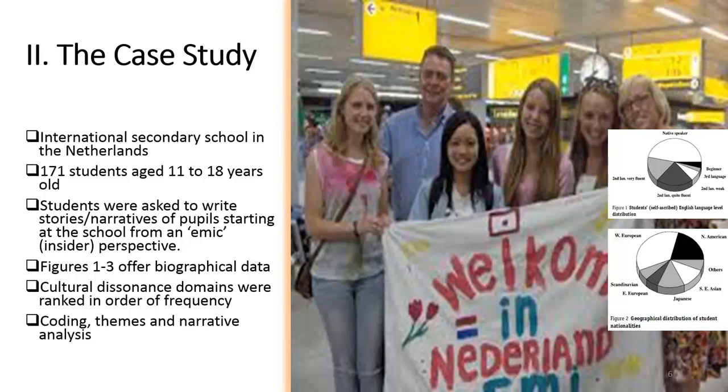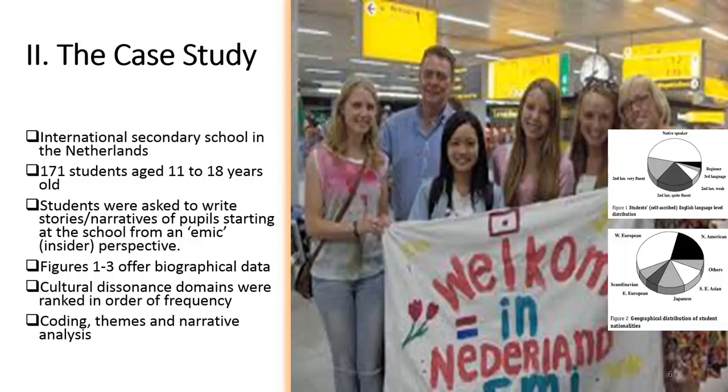These were students aged 11 to 18. The students were asked to write stories and narratives of pupils starting at their school from an emic, i.e. insider perspective. So these students just had to free write. They were asked to just talk about their experiences, either firsthand or secondhand, or what they knew of what it was like starting at this school.